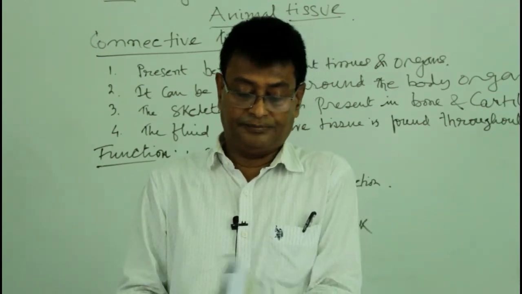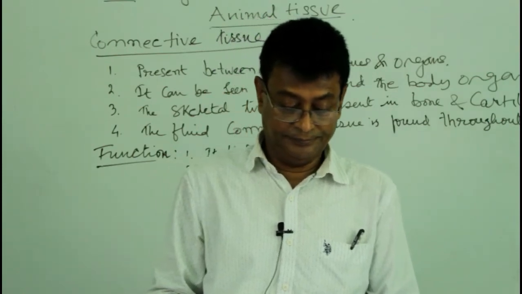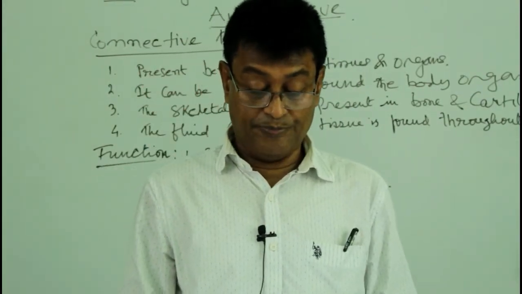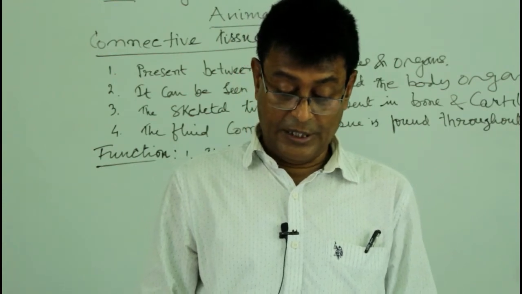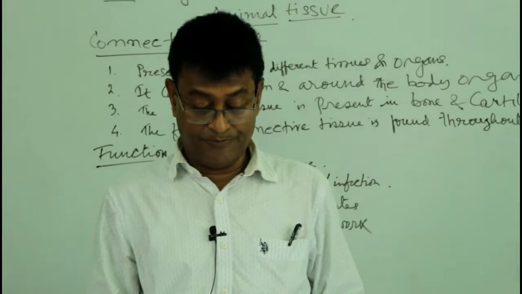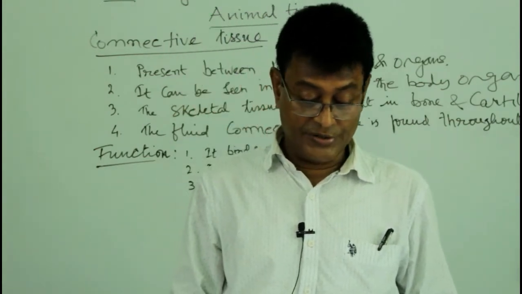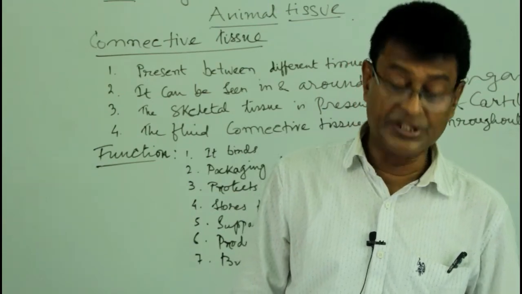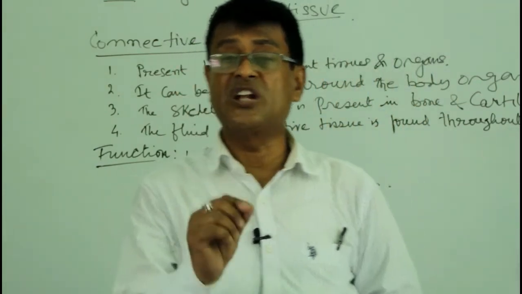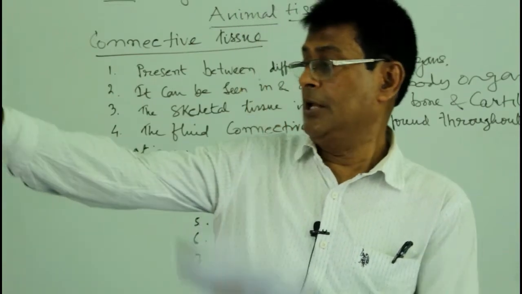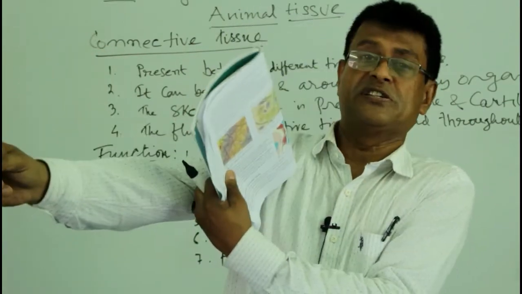Now we have yellow fibrous tissue, and this tissue is present in the ligaments and the walls of the arteries, and it has high strength but limited flexibility. Now this ligament has the specialized function of joining bone to bone. You see your arm, this is a part of bone, another is a part of bone.